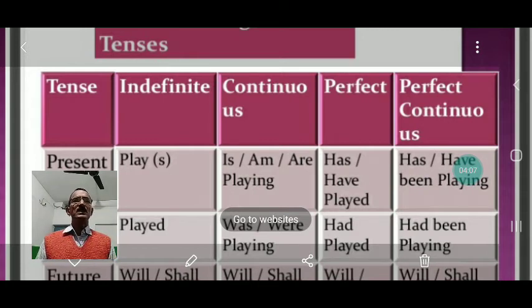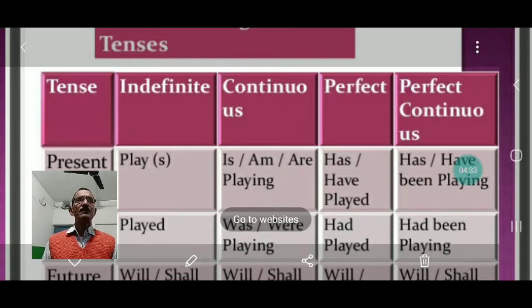In the same way, if it is present continuous tense, then the verbs is, am, are are used plus V1 plus ing, as he is playing, I am playing, you are playing, they are playing, we are playing, like that.